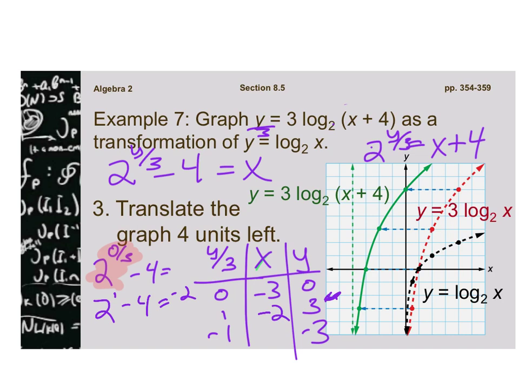All right, and if you notice, I have a -3, 0: -3 in the x, 0 in the y. Yep, there it is. I have a -2 in the x and 3 in the y. Yep, there it is. And for -1, I plug that in. I get 2 to the -1, which is 1/2. Minus 4 is -3.5.